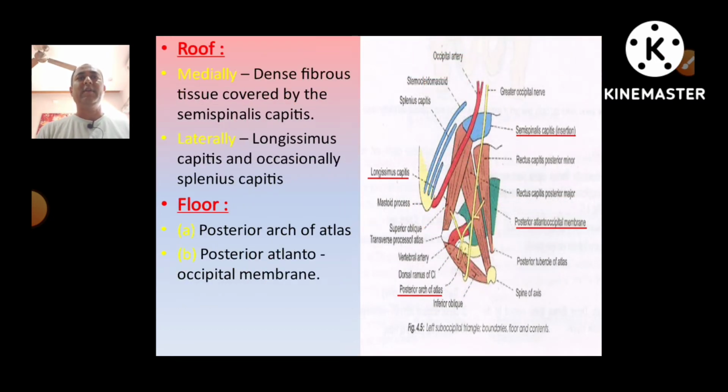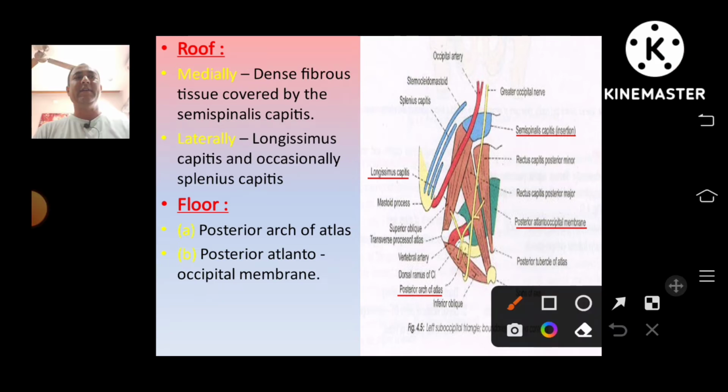The roof of this triangle is formed medially by dense fibrous tissue covered by the semispinalis capitis. Here you can see this is the semispinalis capitis, and laterally it is formed by the longissimus capitis and sometimes the splenius capitis.